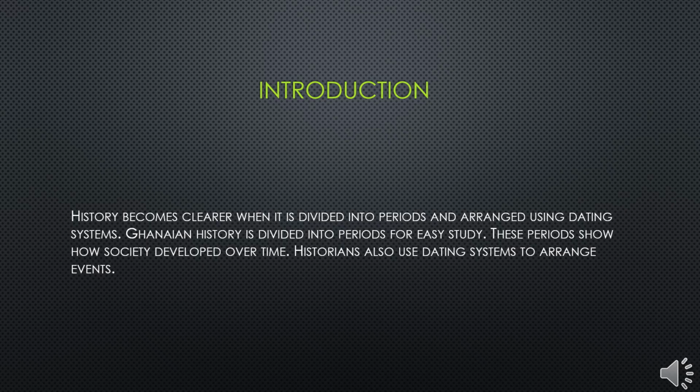So this is the introduction, and as we move on, we get to know the deeper meaning of the major periods that occurred in Ghanaian history, why those major events occurred, and why we consider those events as major. That is why we are going to look at it one after the other.